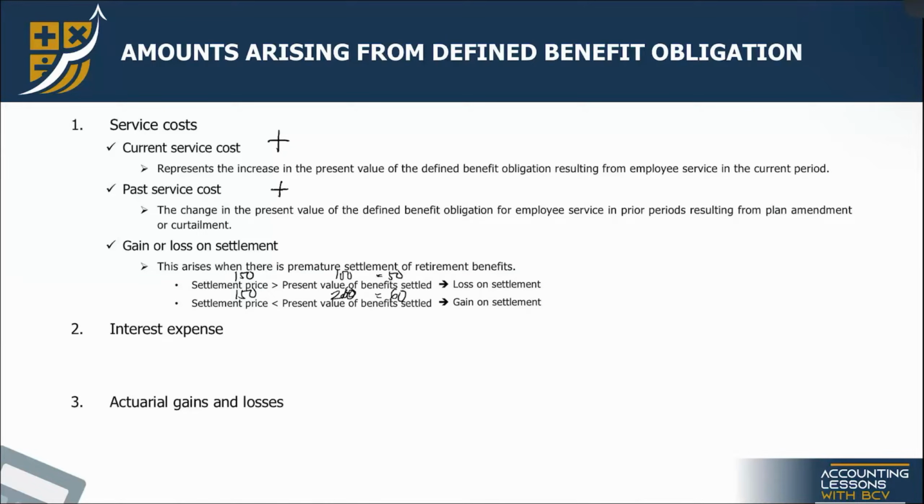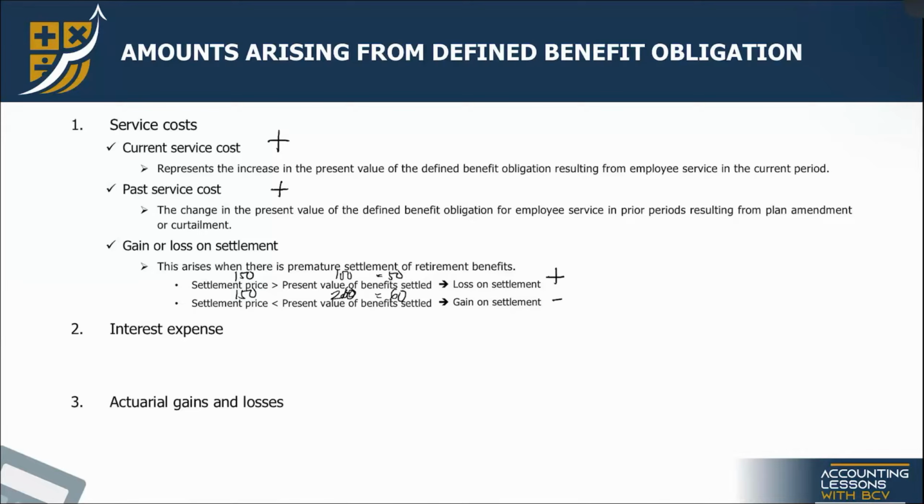Then pagdating kay gain or loss on settlement naman, pagka loss on settlement, ia-add mo. Okay? Pero pag gain on settlement, ide-deduct mo na, kasi kalaban ng cost ang gain. Yes? Okay? So how will you again compute for service cost? Current service cost plus past service cost plus loss on settlement or less gain on settlement.